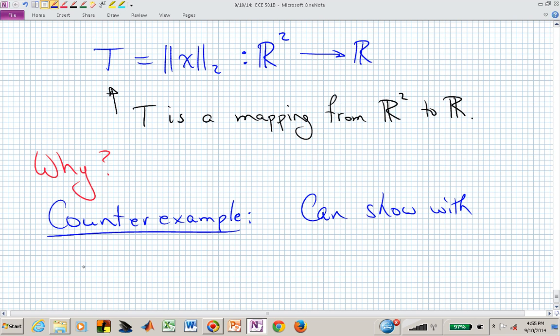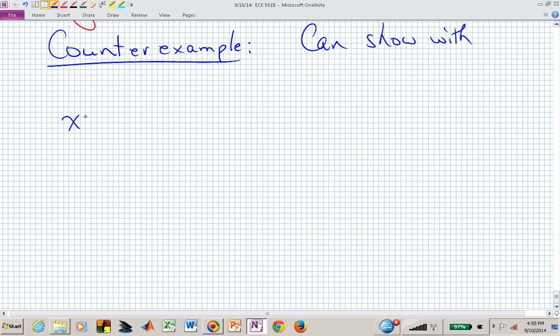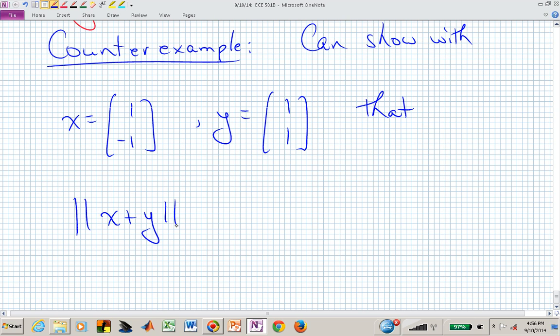One such example might be, suppose we let x equal (1, -1) and y. So now I'm using x and y differently. X is x sub 1, x sub 2, its coordinates. Y is y sub 1, y sub 2. Suppose y is (1, 1). Now in this particular case, if you add x and y together, you get (2, 0).